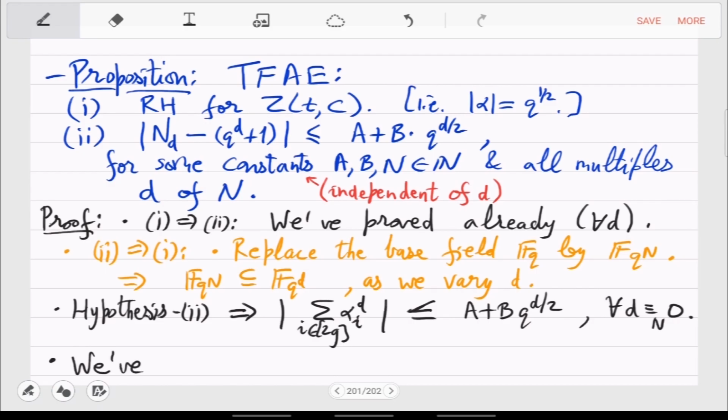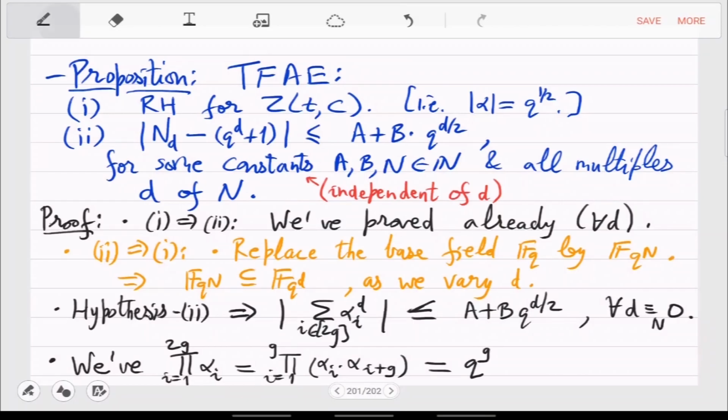What is the product of alpha i's? We can use the symmetry. So we can pair up the roots in such a way that each product is q.